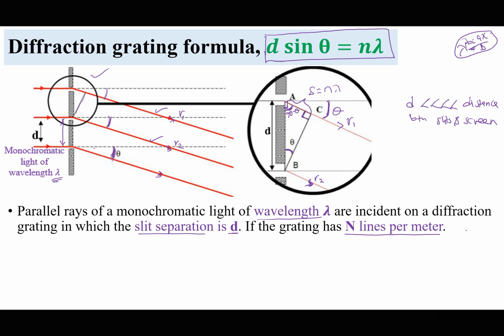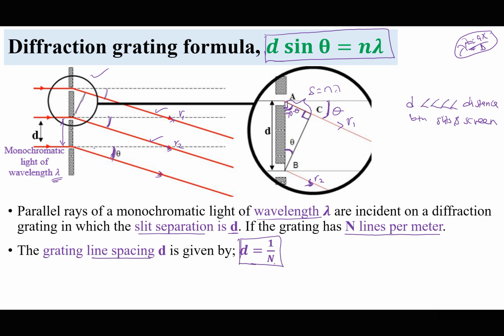It is going to be hard for us to measure the distance d, because it is very, very small. But if we know the number of lines in 1 meter, the distance between two successive slits, which we shall call the line spacing, can simply be got from the reciprocal, 1 divided by n.